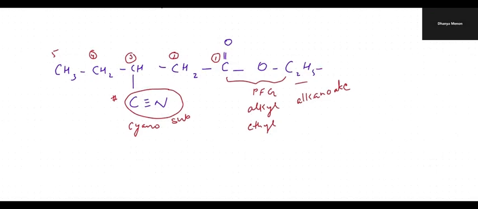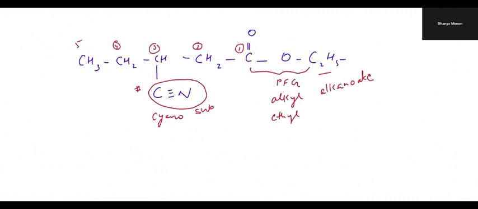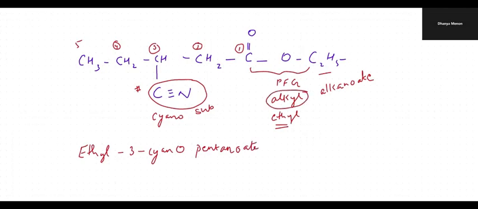Okay, so what will be the name? Don't use cyano first, because whenever you are naming the ester, first the alkyl group comes over here. So ethyl, then the name of the substituents. At the third position, I have cyano. There are 5 carbons, so pentane, oate. So always write down the name of the alkyl group first, then the substituent, and then alkanoate.